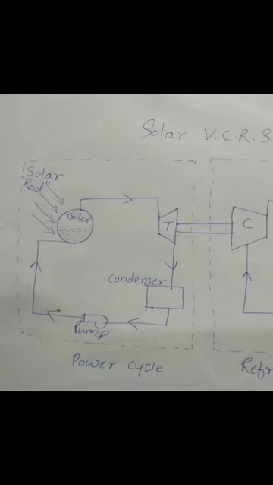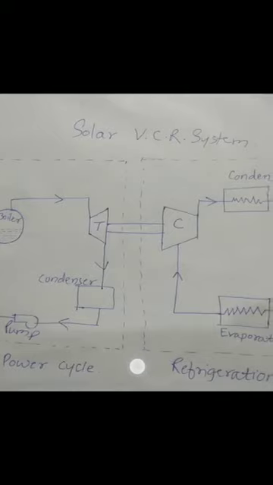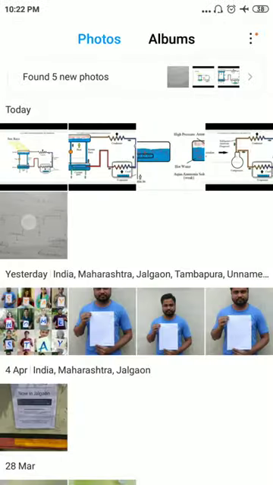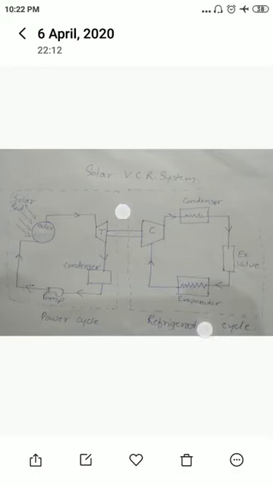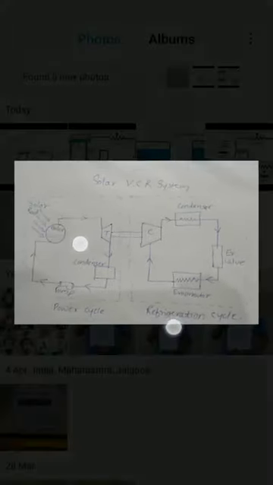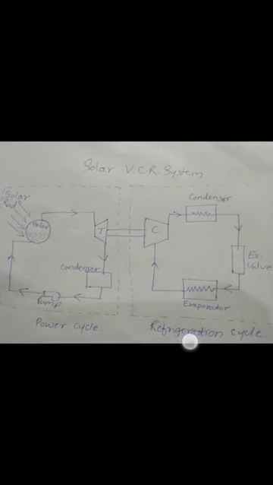The steam runs through the turbine, where the turbine rotates, and the turbine shaft output is connected to the compressor of the VCR cycle. So this is a simple solar VCR cycle, where solar energy is utilized for boiling the water in the boiler.